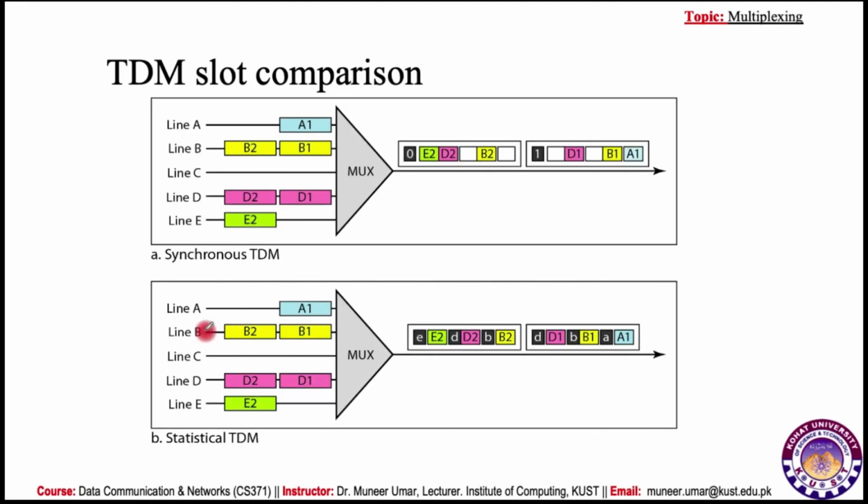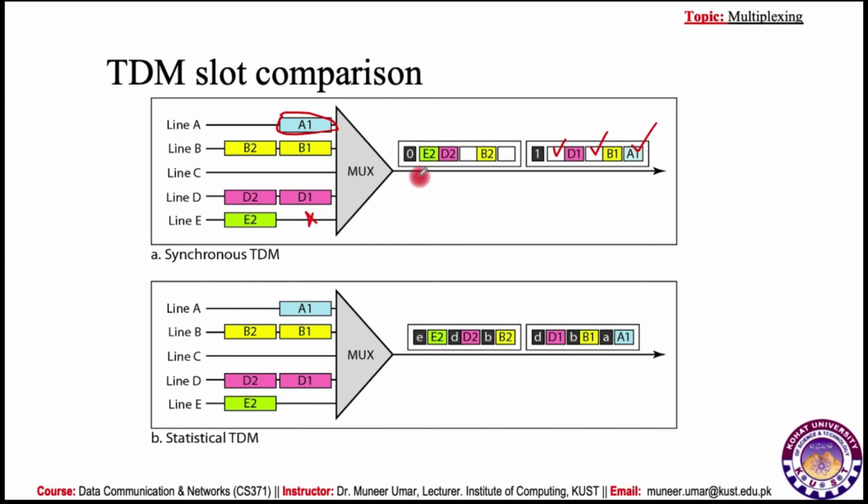This is the comparison between synchronous TDM and statistical TDM. If we look into the lines, here we have 5 lines. Line A is transmitting A1, only one block of data, B is transmitting 2 blocks, C is transmitting nothing, and this one is idle. Here A is given a time slot and this one is empty, but still it is assigned to C, and here E is empty because at this time it is not sending anything.